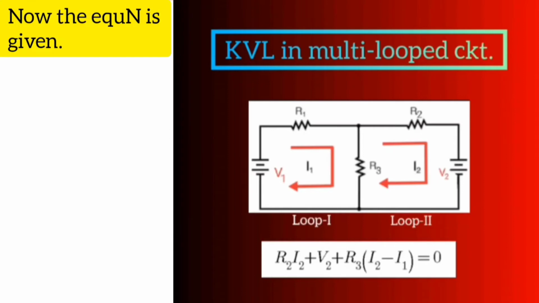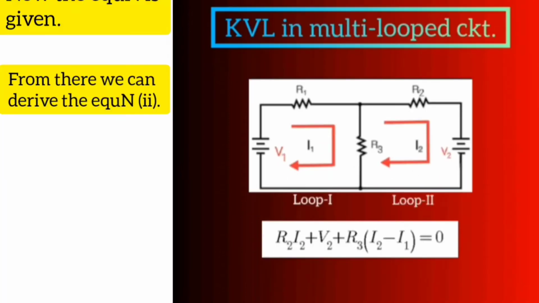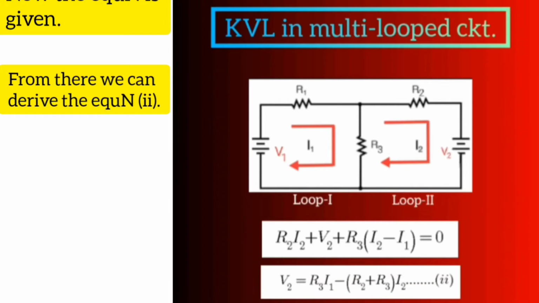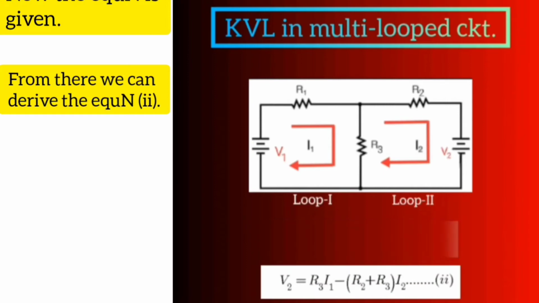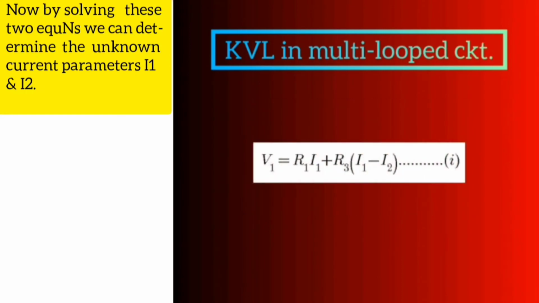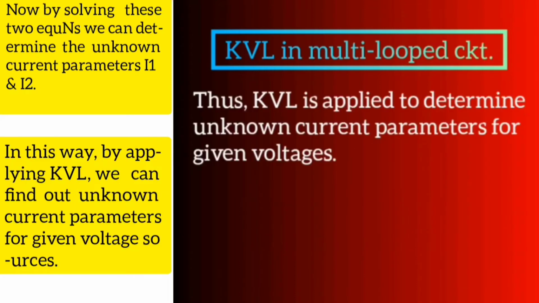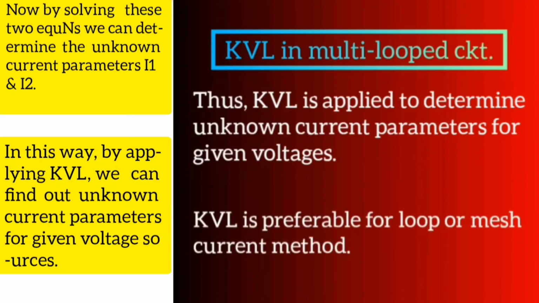Now the equation is R2 I2 plus V2 plus R3 into (I2 minus I1) equal to 0, and from there we can derive equation 2. Now by solving these two equations, we can determine the unknown current parameters I1 and I2. In this way, by applying KVL, we can find out unknown current parameters for given voltage sources.